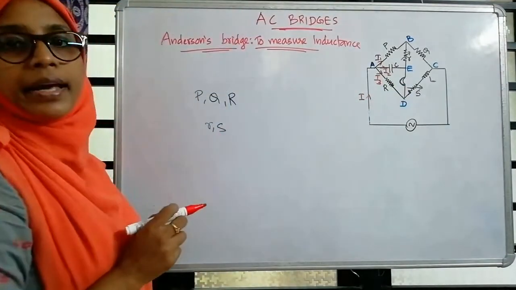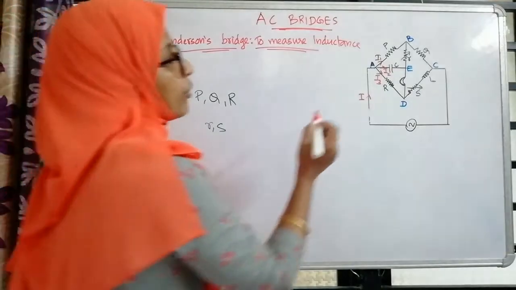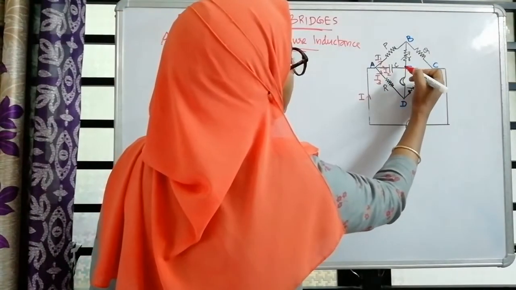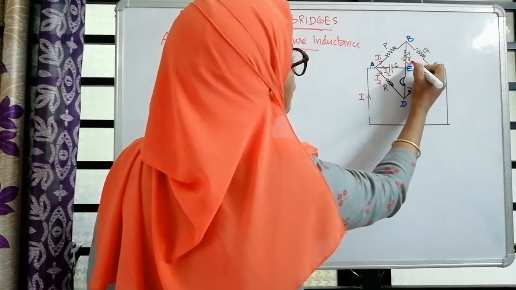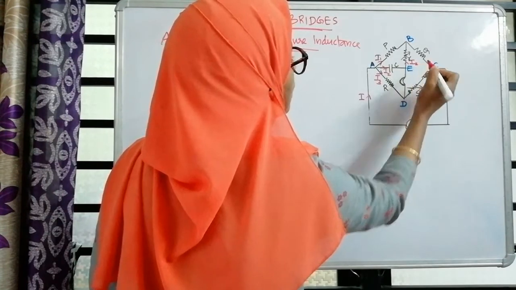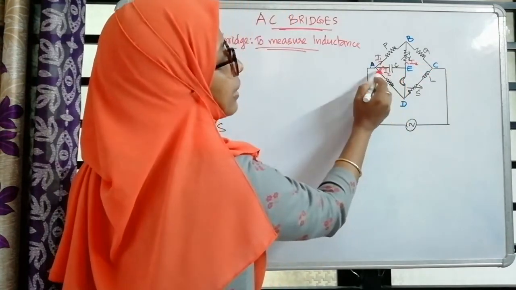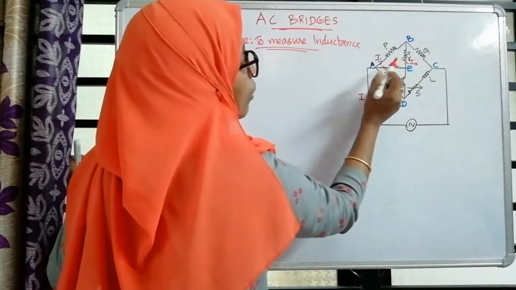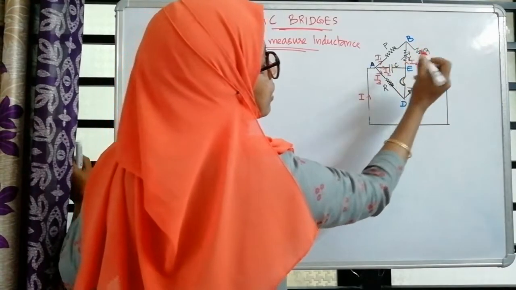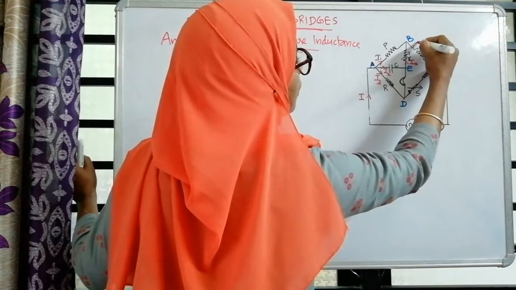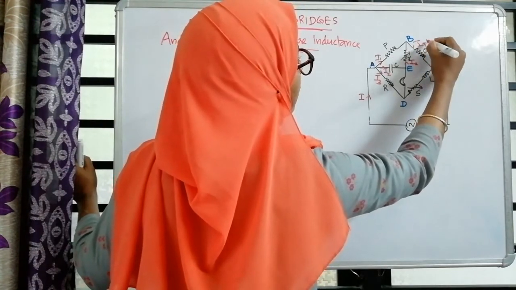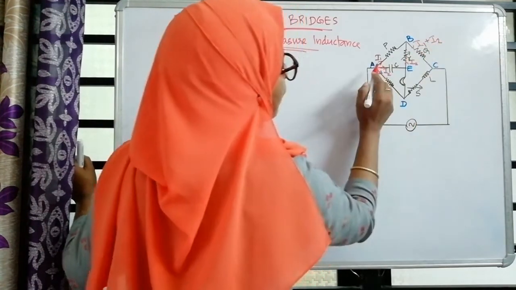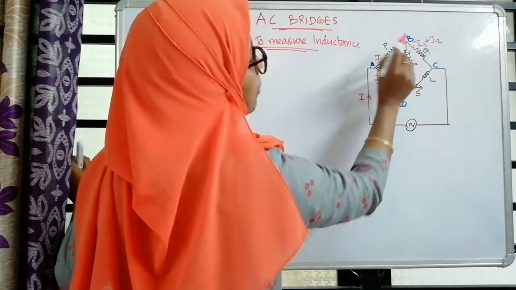Here the current will pass along this direction as I2. As there are no components, only the detector is here, the current direction will be along this. So I2 is passing along this, and in this arm the total current will be I1 plus I2, as I1 is coming from here and I2 is coming from here.